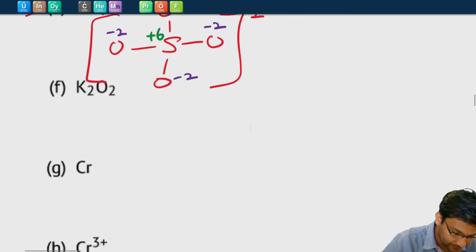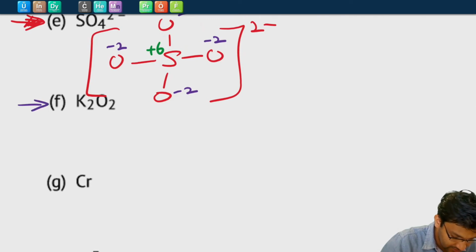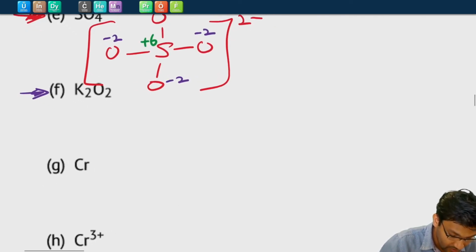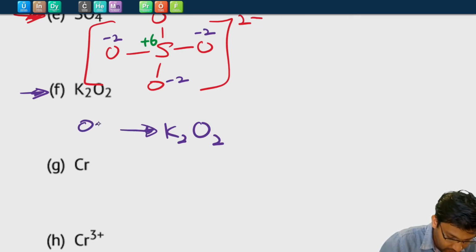All right. Let's try this one. K2O2. This is going to be a tricky one. Potassium, we know, has an oxidation state of +1. There are two of them, so if we add up the oxidation states for those two, we get a total of +2. The overall charge for this compound is 0.